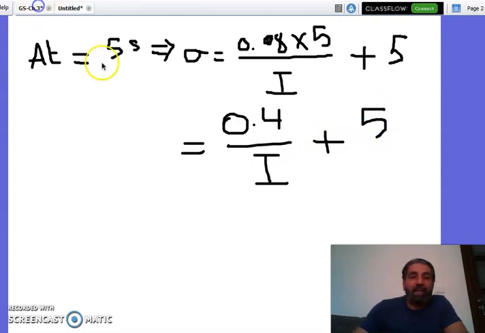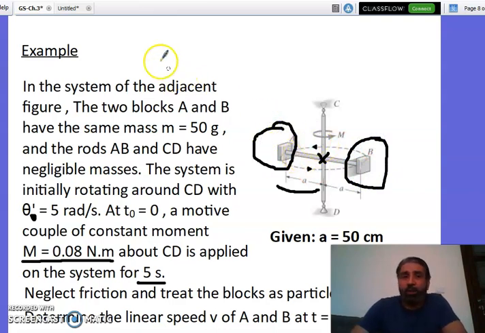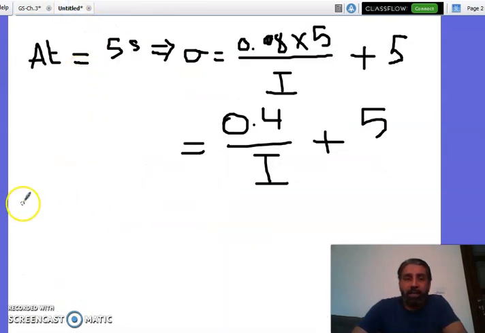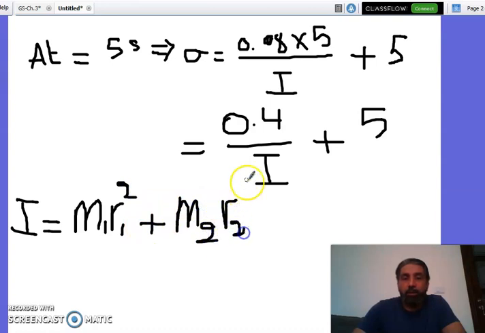But now this system consists of only 2 particles. It acts as a rigid system, right? But this rigid system consists of 2 particles only. And you know that I for particles is equal to I1 plus I2, or M1 R1 squared plus M2 R2 squared.